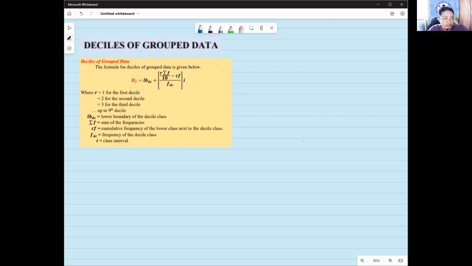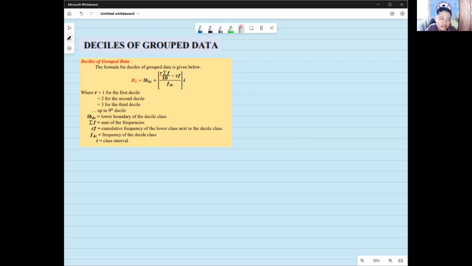R in here represents whatever decile number you are solving for. If you are solving for the 9th decile, R will be equal to 9. If you are solving for the 5th decile, R will be equal to 5. If you are solving for the 3rd decile, your R will be equal to 3. Got it?